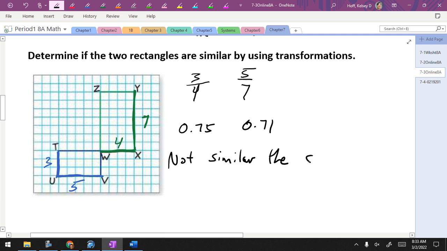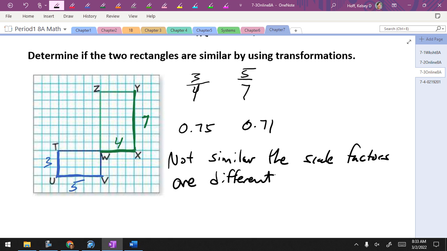The scale factors are different. You have to say not similar. The scale factors are different. On the one above, if you would have said the scale factors are the same instead of the word proportional, I would be okay with that too.